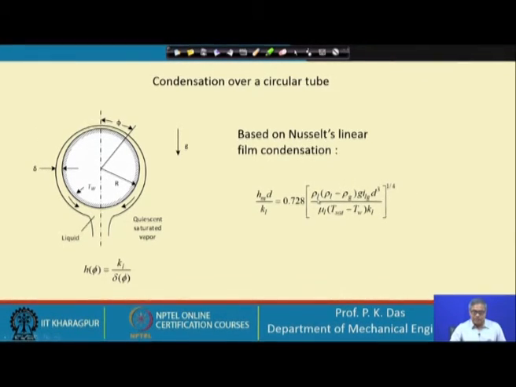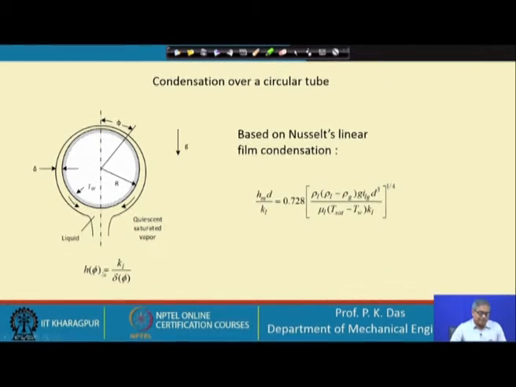Rho L is the liquid density, rho G is the gas density, i LG is the latent heat of vaporization, g is the gravitational constant, D is the diameter, mu is the viscosity, k is the thermal conductivity, L is the subscript for liquid. So, this is the formula for Nusselt number we get.